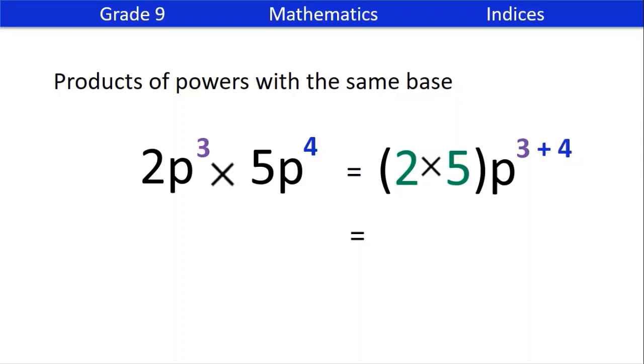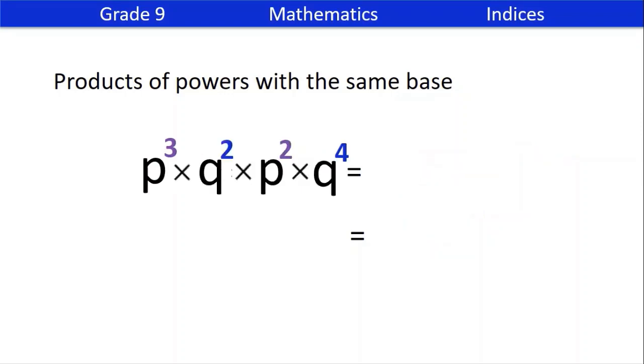That means 3 plus 4. So here, 2 into 5 is equal to 10, and p to the power 3 into p to the power 4 is equal to p to the power 7. So finally, the answer becomes 10p to the power 7.